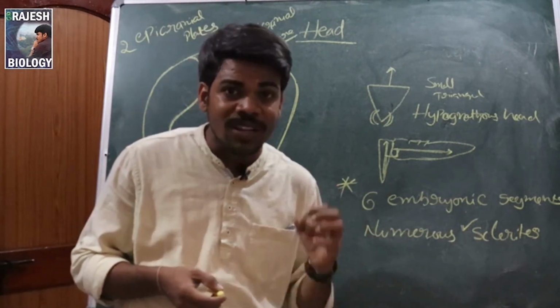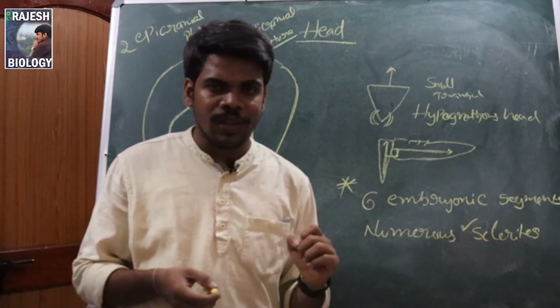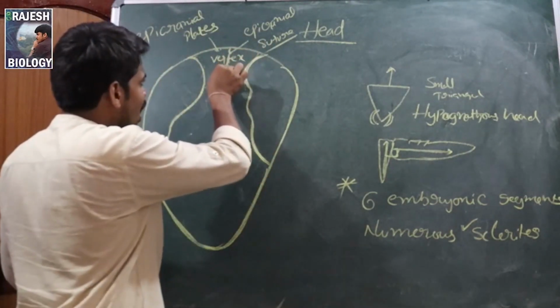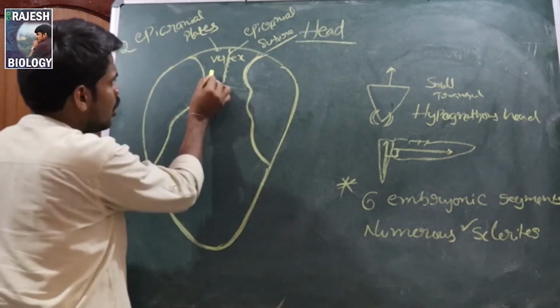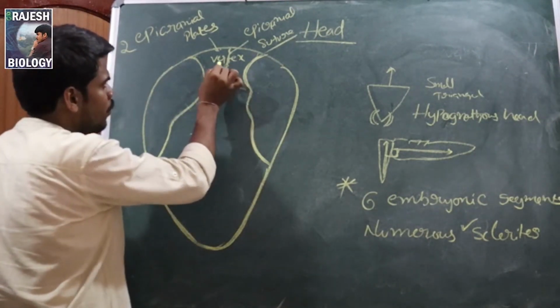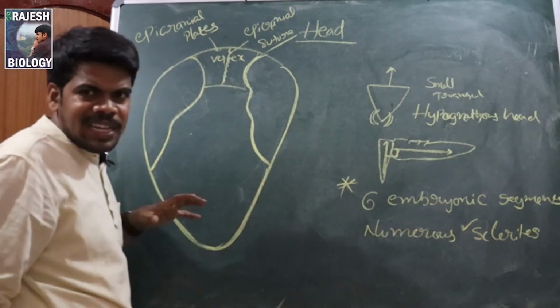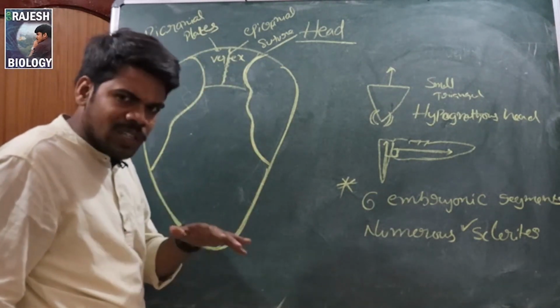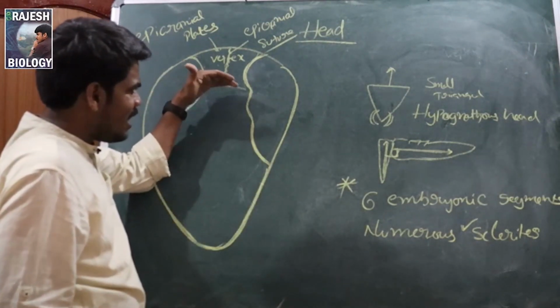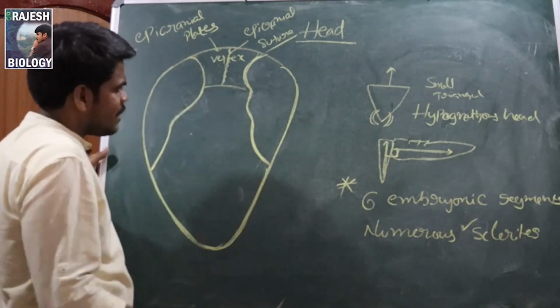We have to use the word suture from now onwards. So with the help of the epicranial suture, two epicranial plates are fused to form the vertex, and the vertex represents the first segment of the head.